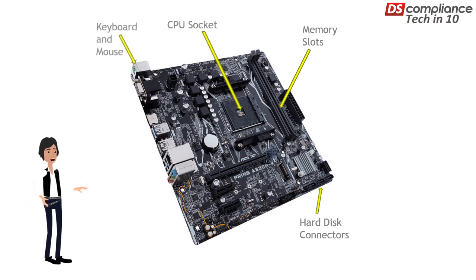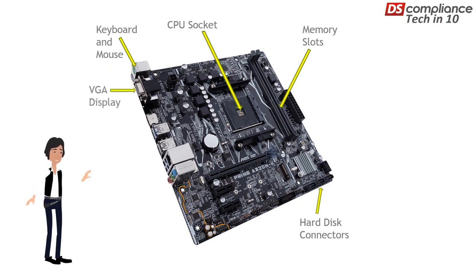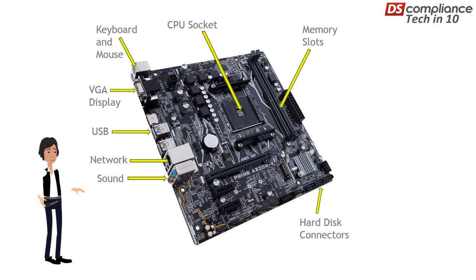Input ports allow outside devices to communicate with the computer, and output ports allow the computer to communicate with other computers or devices. These I/O ports act like the doorways into and out of the computer. Examples of I/O ports are connections for the mouse, network, USB, VGA display, keyboard, sound, and printer.